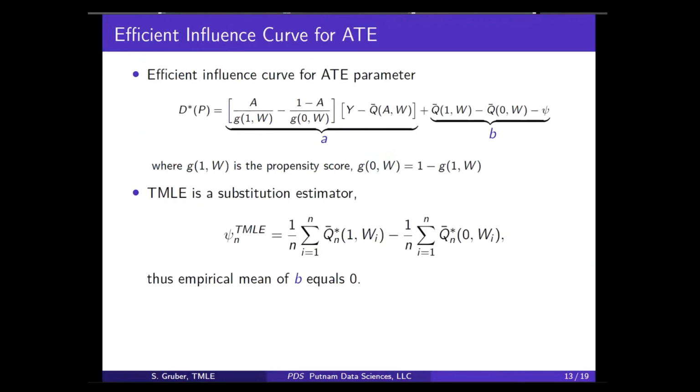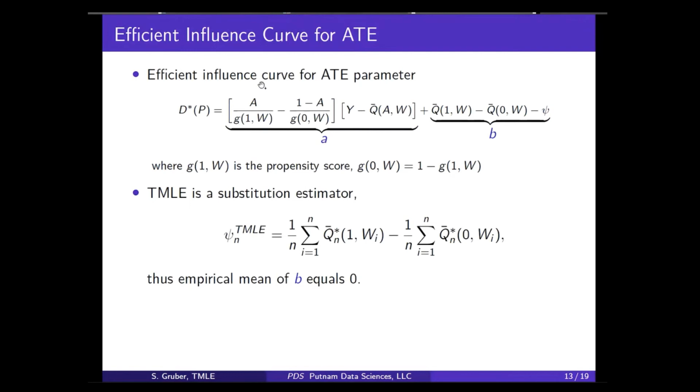Okay. To make that a little more concrete, this is the efficient influence curve for the ATE parameter. And it's not as scary as it looks. This is Y, the outcome you observe, minus the Y hat under your observed treatment. And this part up here is basically 1 over a propensity score. G is a propensity score.